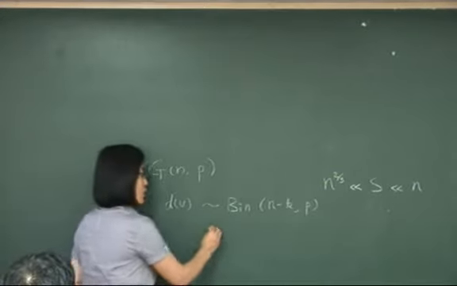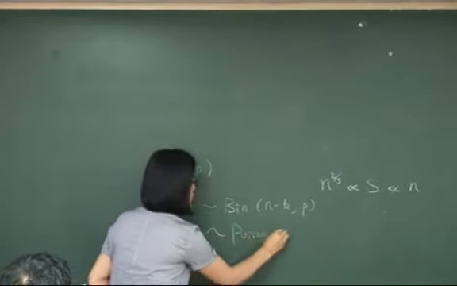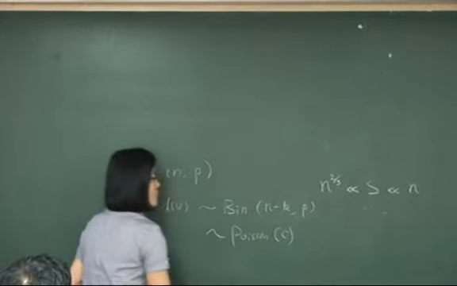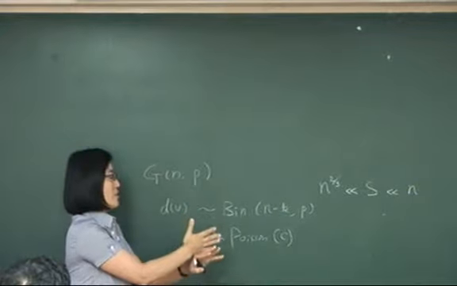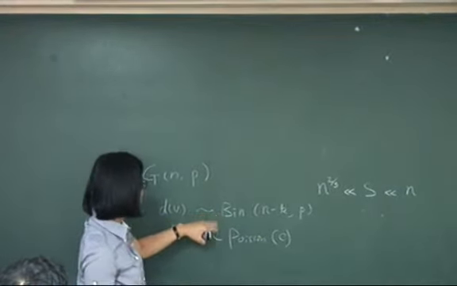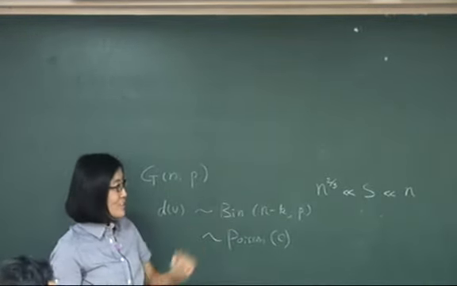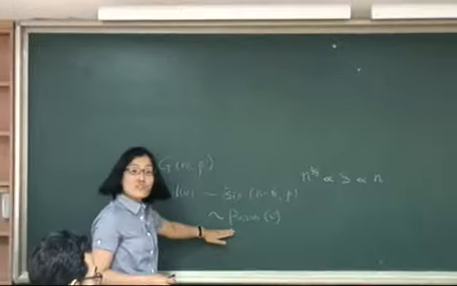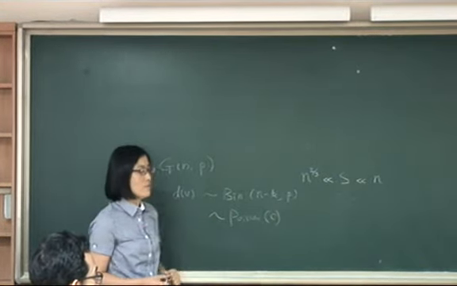And there we use the Poisson approximation of the binomial, with mean c. Right? So all the vertices had the same distribution, either binomial to be exact, or Poisson as an approximation. But in the given degree sequence, it cannot be so, right? All the vertices behave differently according to their degree.